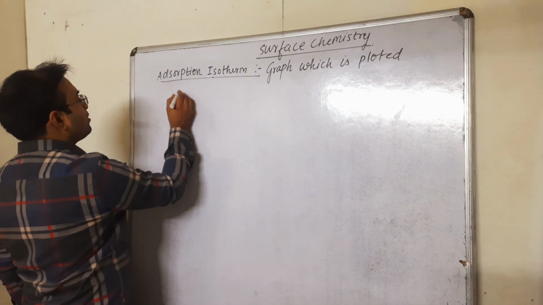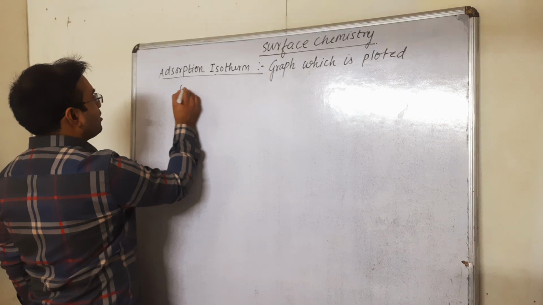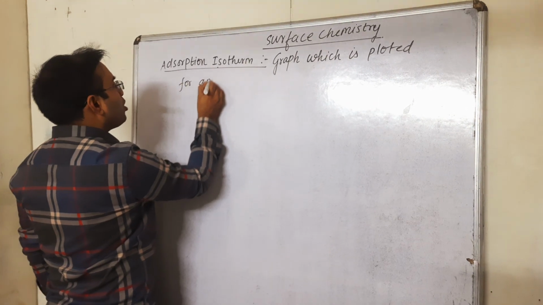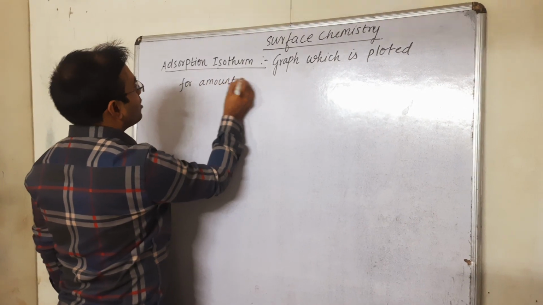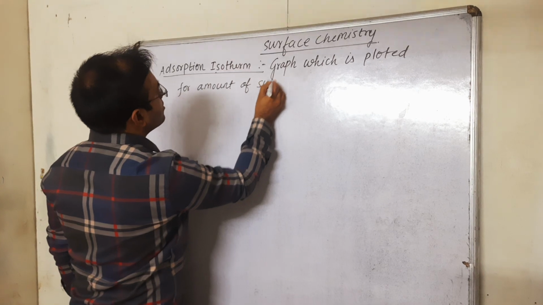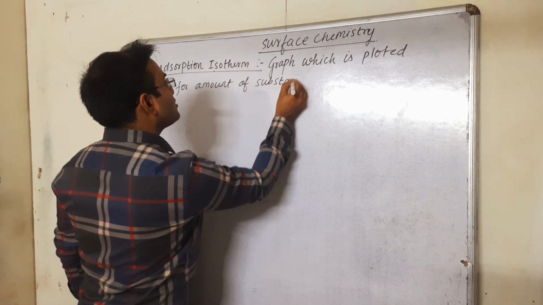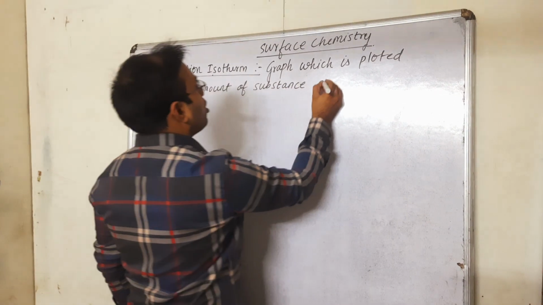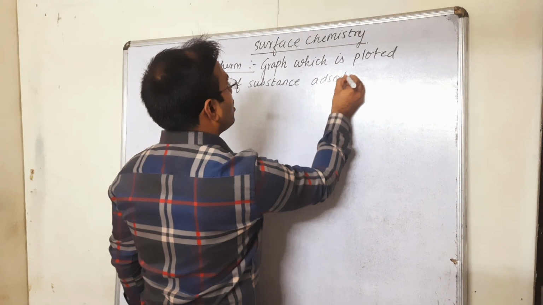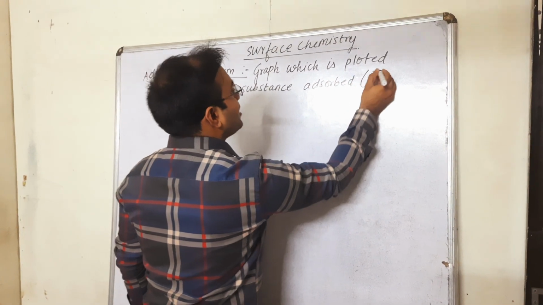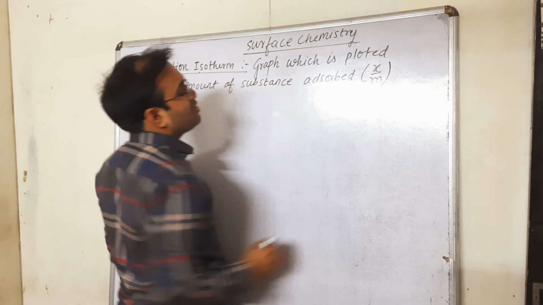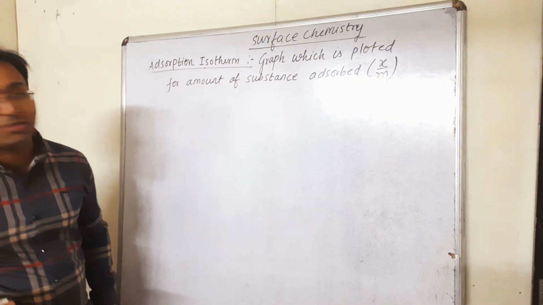plotted for the amount of substance adsorbed. This is represented by x by m, which we already discussed in the previous lecture.